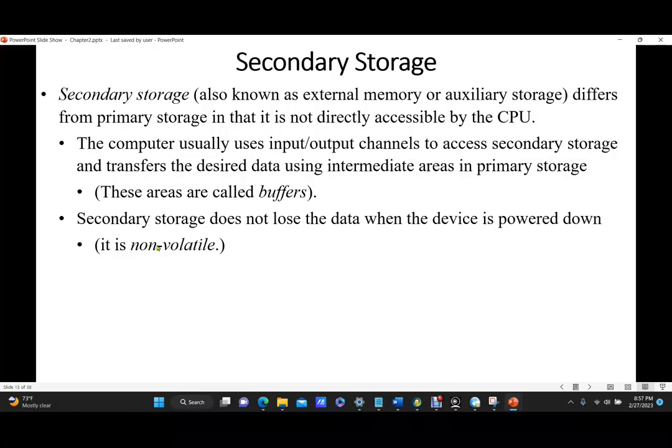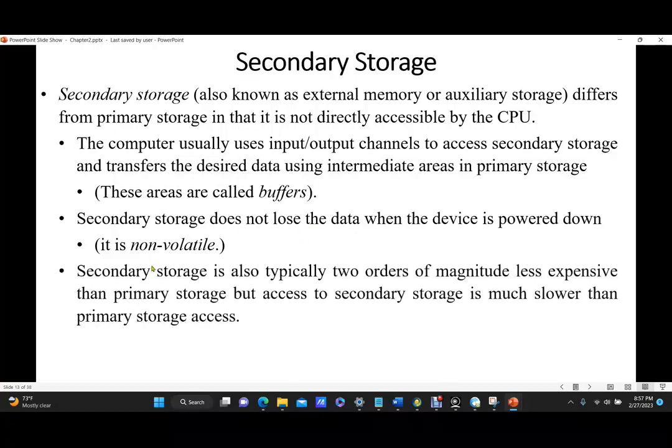Secondary storage is non-volatile. It does not lose data when the device is powered down, unlike primary storage. Secondary storage is also a lot less expensive, two orders of magnitude less expensive than primary.